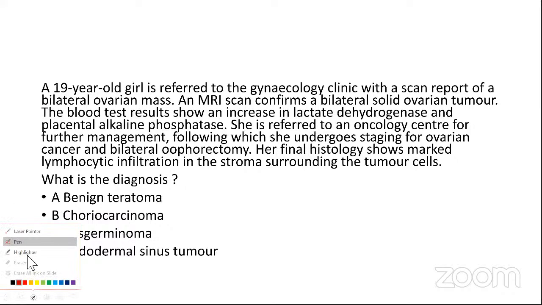So it's a young girl, 19-year-old. So I'm suspecting probably it is a germ cell ovarian tumor. So it has a bilateral solid ovarian tumor. Blood tests show an increase in LDH and placental alkaline phosphatase. So that itself gives you a clue about what we are answering, right?